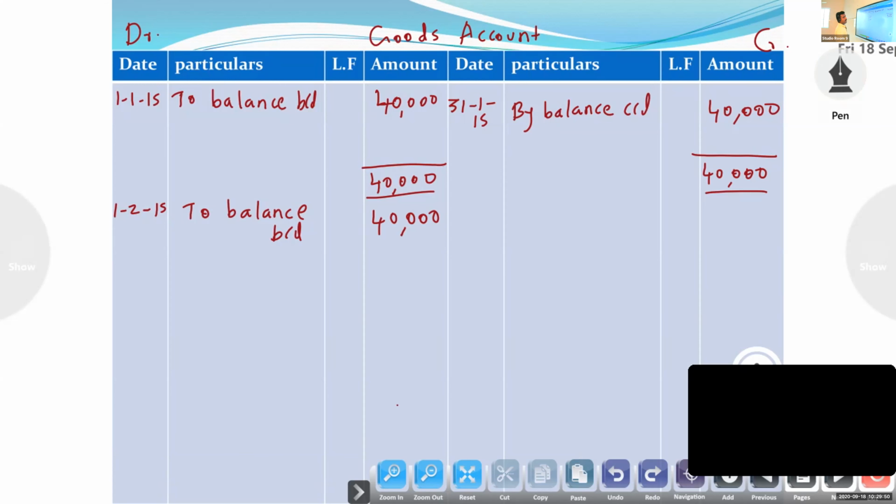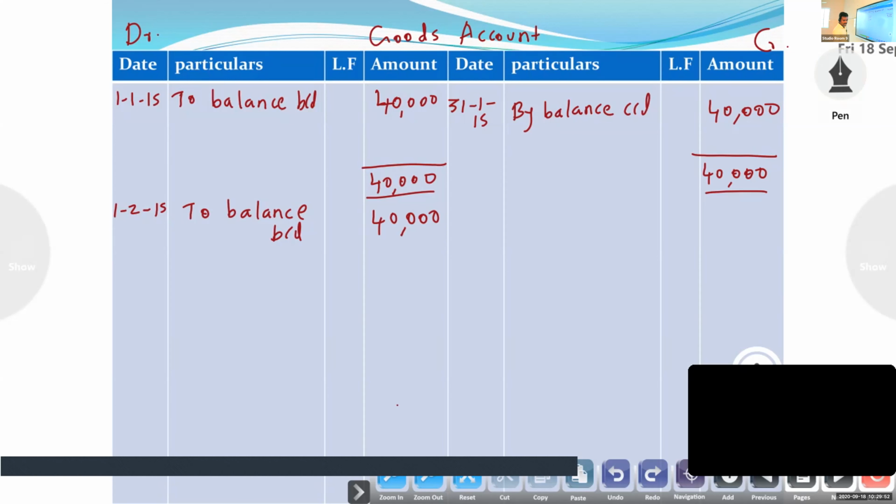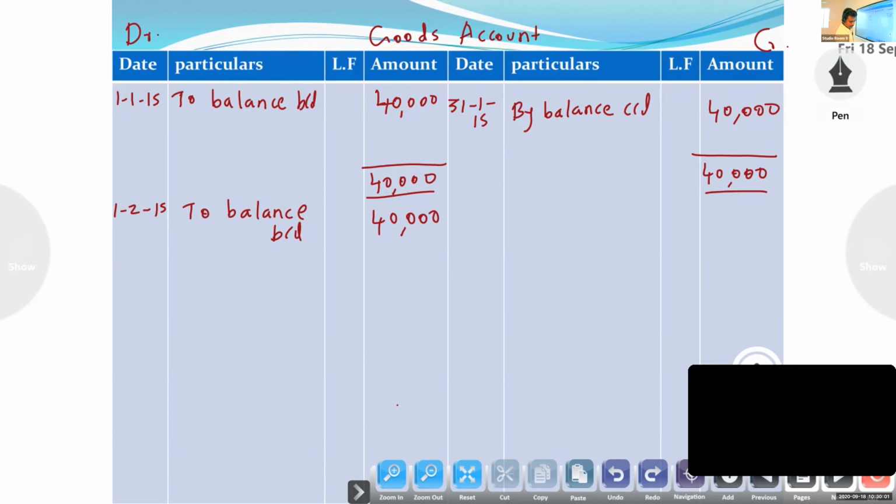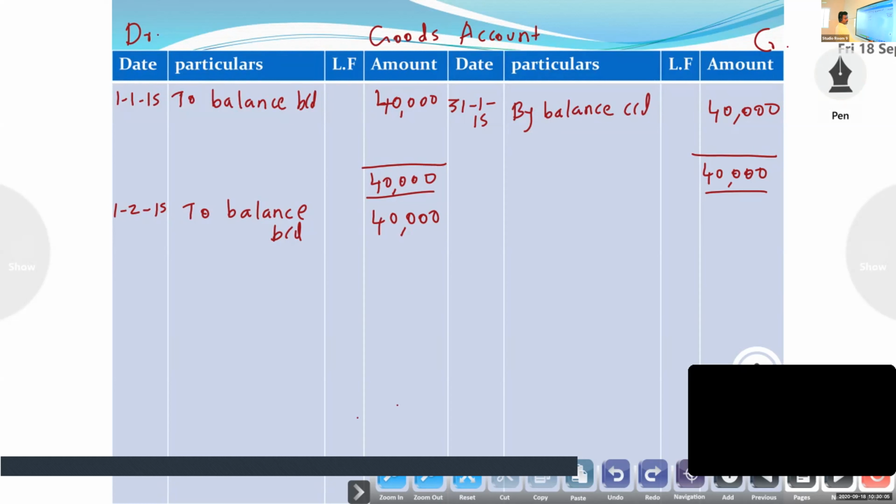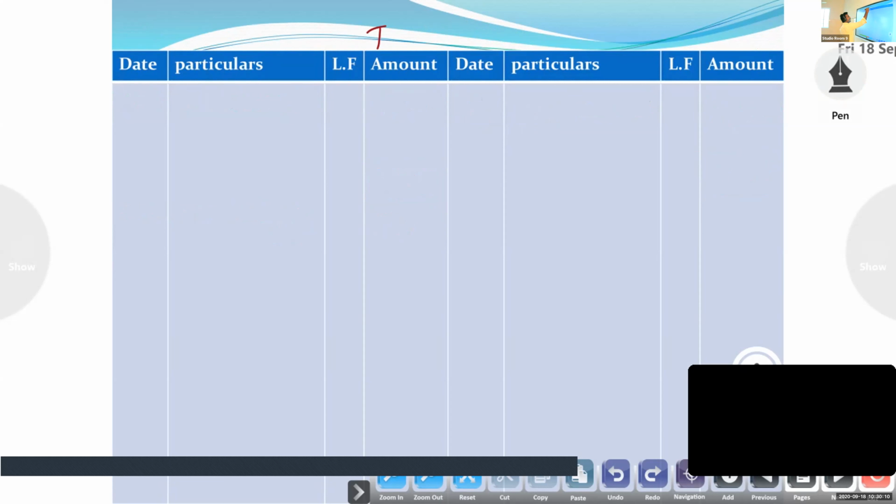Next, the account after goods: Tarun account. Is Tarun an asset or a liability? Asset debit, liability credit.